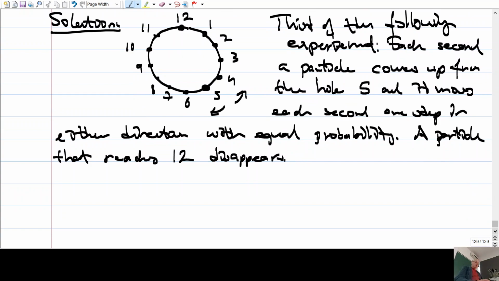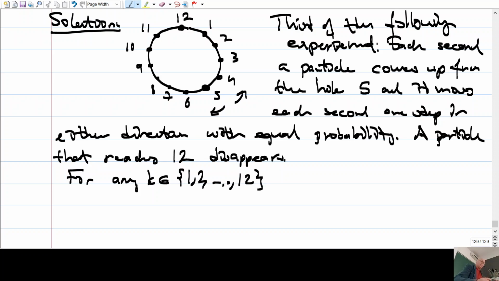Now, we would like to use this experiment to solve the original problem. How will we do this? Well, we define the following property for any k between 1 and 12. Okay.